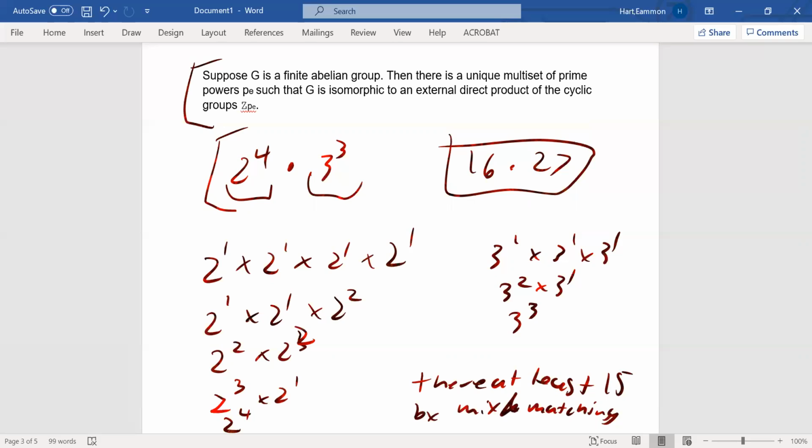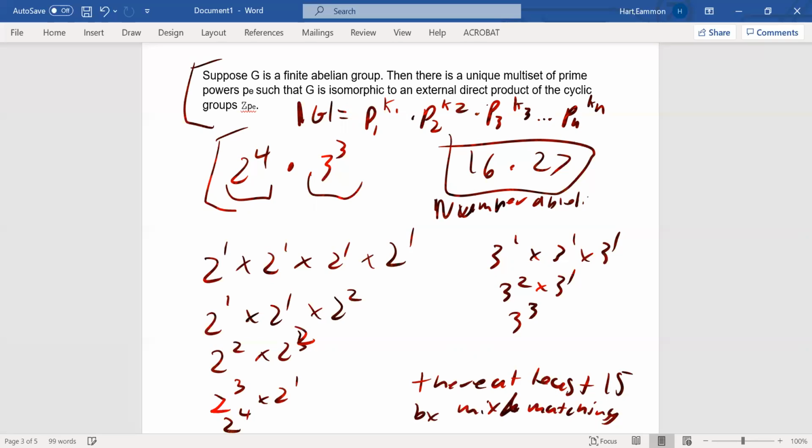So if we have, let's say, order G is equal to P1 to the K1 times P2 to the K2 times P3 to the K3, up to Pn to the Kn, to state this in maximal generality, then we have the number of abelian groups up to isomorphism.